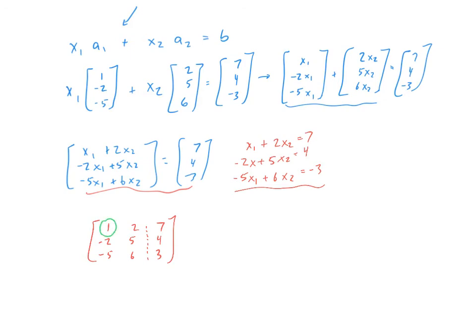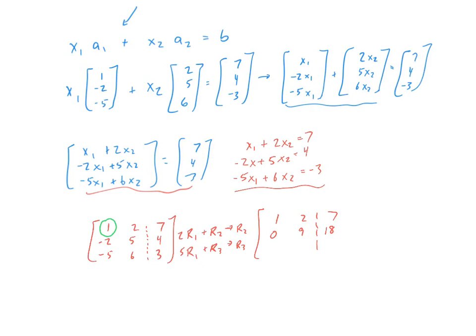Notice I have my first pivot where I want it, so I'm going to write down two operations that are going to put zeros below that pivot. Double row 1, add row 2, store the result in row 2. 5 times row 1, add row 3, store the result in row 3. Row 1 stays the same. Row 2 becomes 0, 9, and 18.